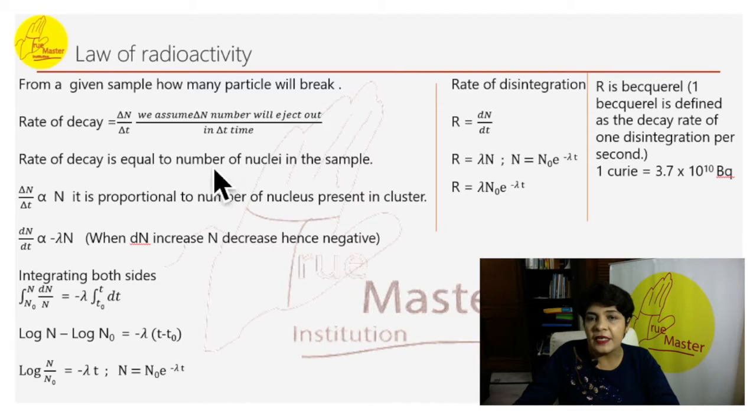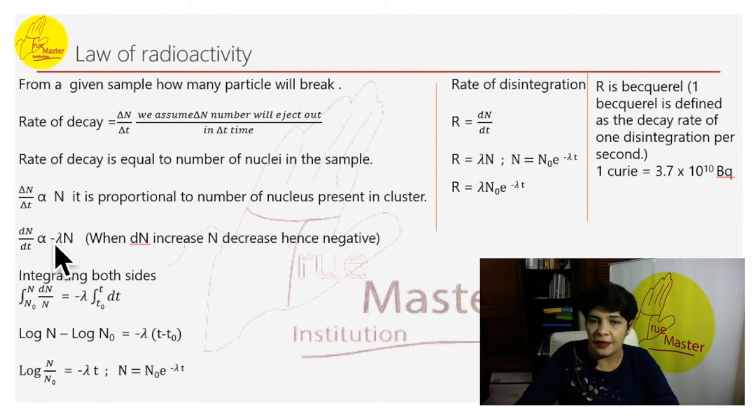Rate of decay is equal to delta N by delta T, which is proportional to N, the number of nuclei present in the sample. So dN by dt equals minus lambda N, where lambda is a constant.